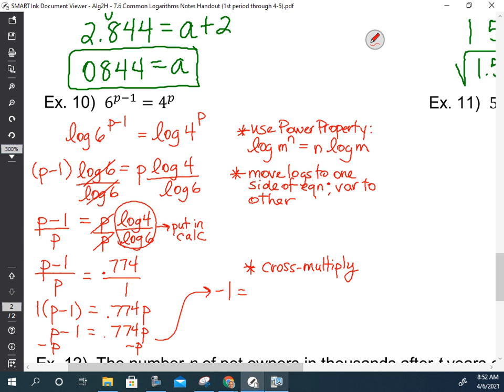That gives 0.774 minus 1, which is negative 0.226p. Then you divide, and you end up with 4.425 equals p.